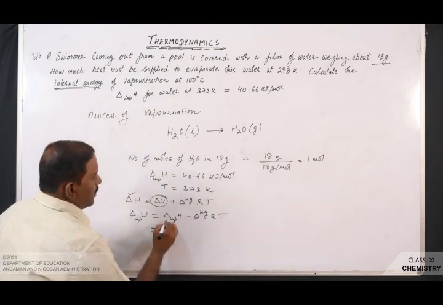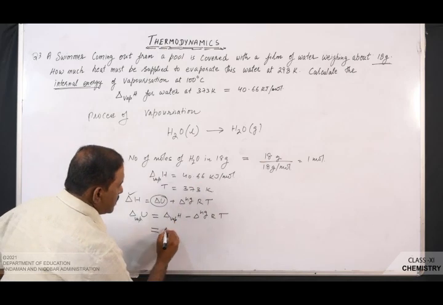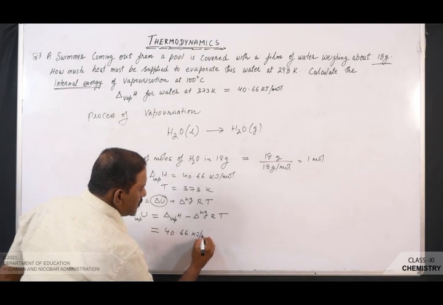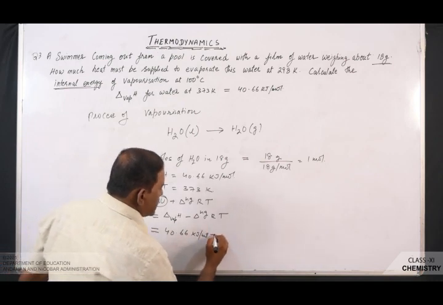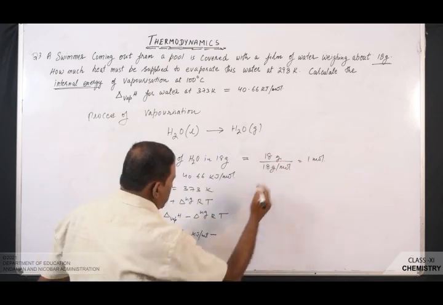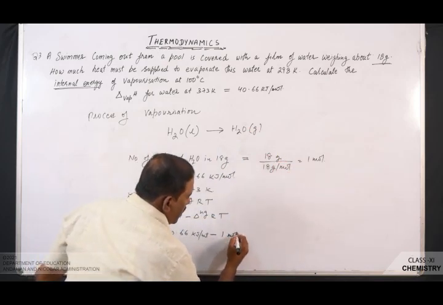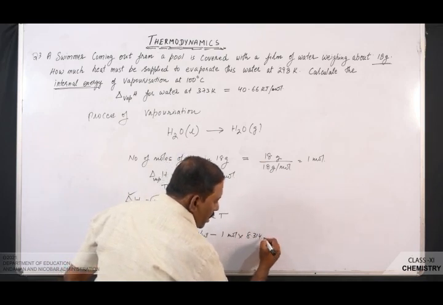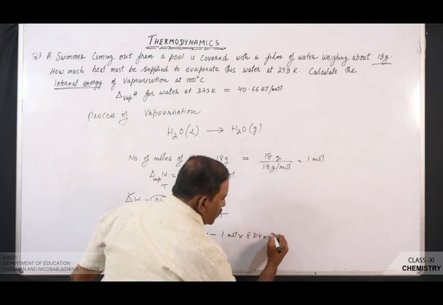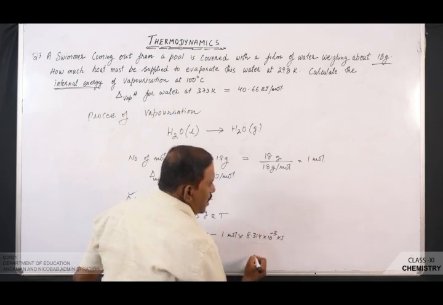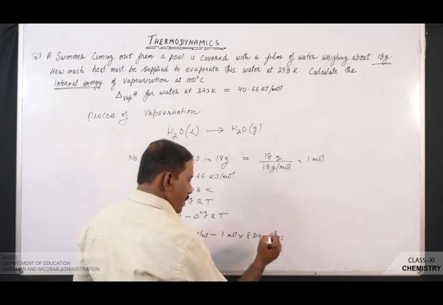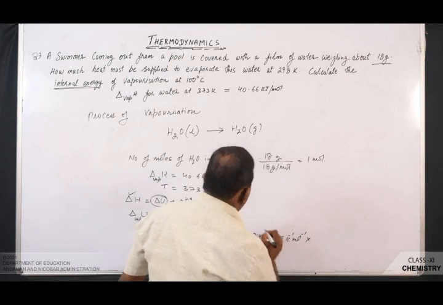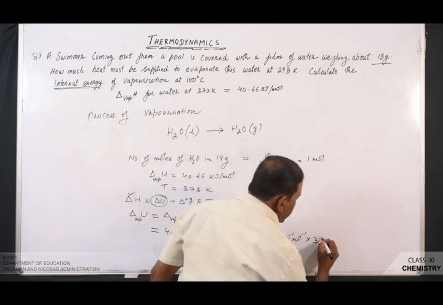Now here the enthalpy of vaporization is 40.66 kJ per mole, minus 1 mole, we got 1 mole, now into R, which is 8.314 joule, so we will convert it into kilojoule, 10 to the power minus 3 kilojoule, K inverse mole inverse, into temperature 373.